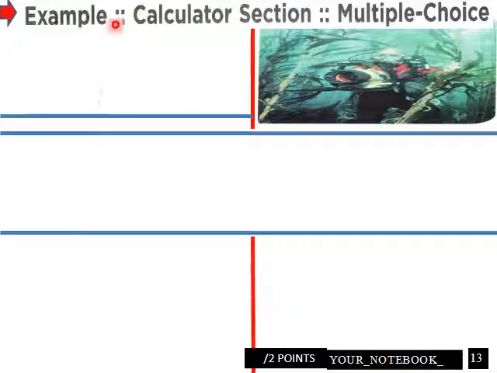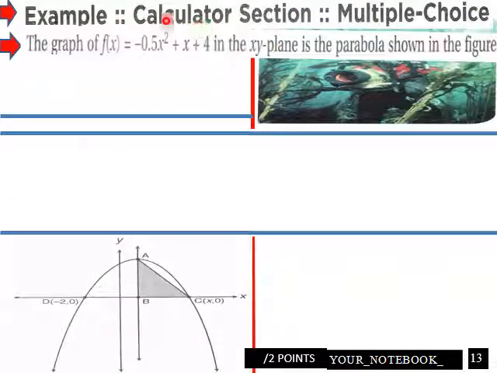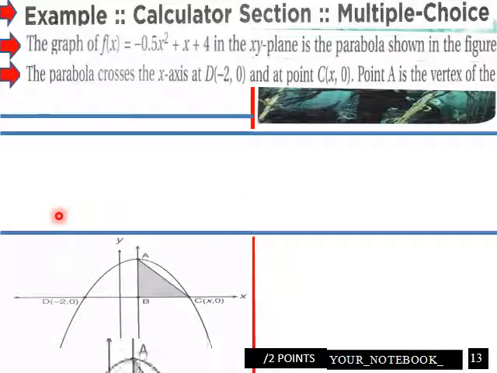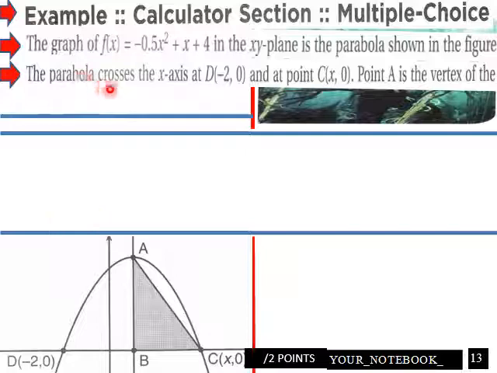So grid in 3, fraction bar, 2. Page 13 here. Example, calculator section, multiple choice. The graph of f of x equals -0.5x squared plus x plus 4 in the xy-plane is the parabola shown here. The parabola crosses the x-axis at (-2, 0) and at a point (4, 0).